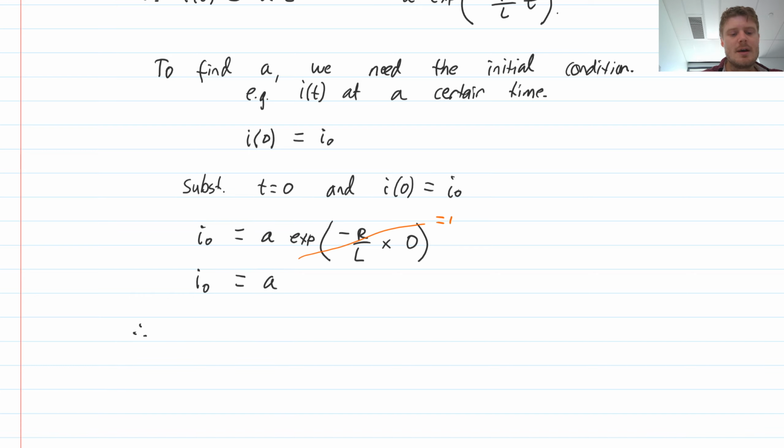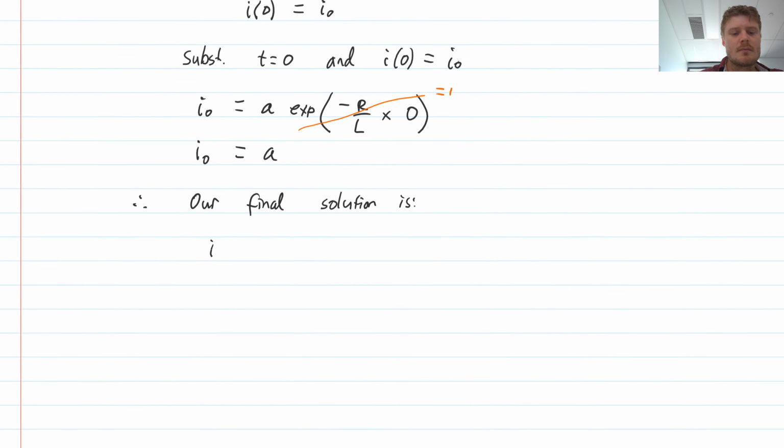So our final solution is I of t equals our initial value I naught, which is subbing in for our coefficient A, times our exponential, which was negative R over L times time t.